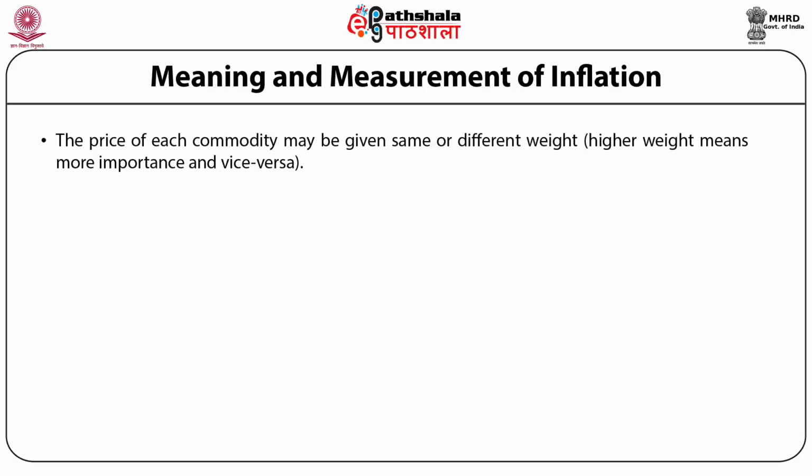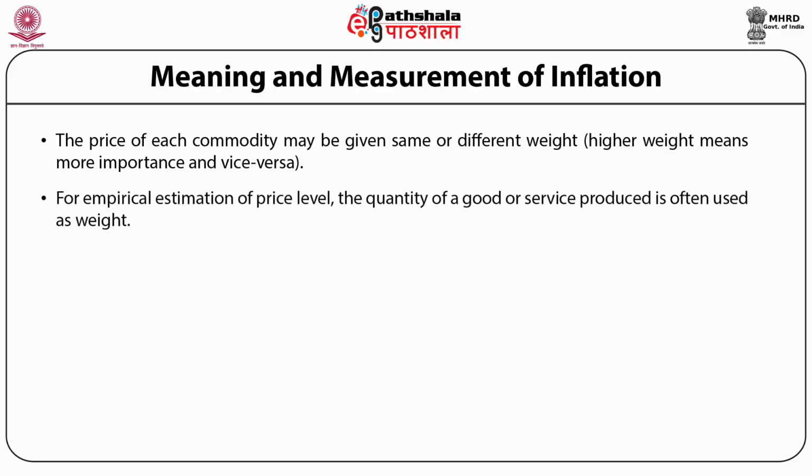Here, the price of each commodity may be given same or different weight. Higher weight means more importance and small weight means lower importance. If each price is given equal weight, the price level will be simple arithmetic mean of prices.